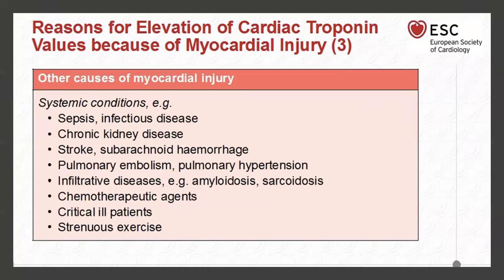As you may know, intracranial pathology might be reflected as an acute myocardial ischemic event, so you do get ECG changes from an intracranial pathology. We need to be aware of that. Also pulmonary embolism and pulmonary hypertension, infiltrative diseases such as amyloidosis and sarcoidosis, chemotherapeutic agents, and, like I said, critically ill patients and patients who perform very strenuous exercise.